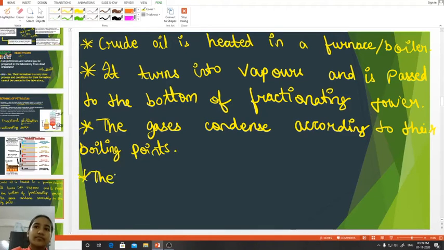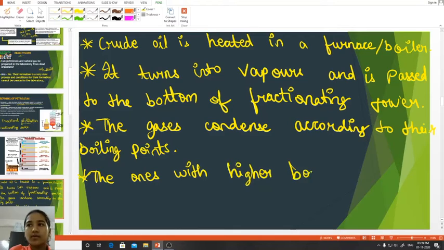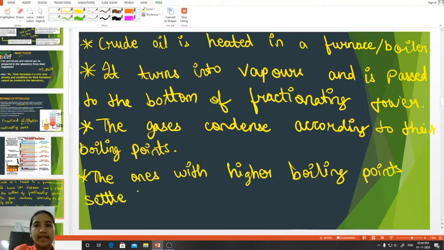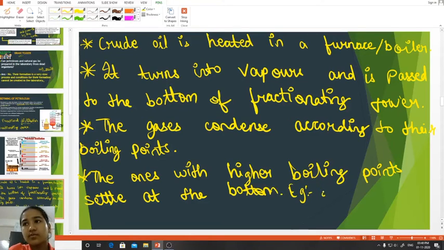The ones with higher boiling points settle at the bottom. Examples are fuel oil or lubricating oil.